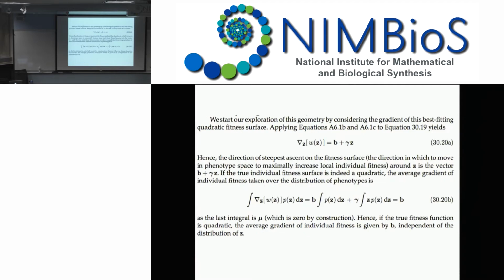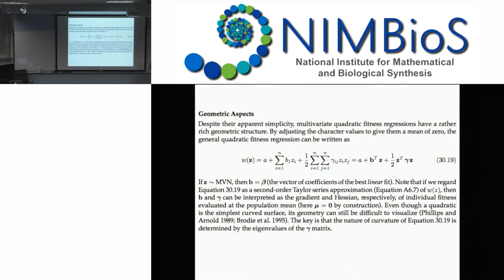We talked a little bit about how you can interpret that quadratic term. For example, a gamma II bigger than 1 means as my trait values get larger, fitness goes up. Larger or smaller, right? As they get more extreme, fitness goes up. That's a positive curve on a selection surface.